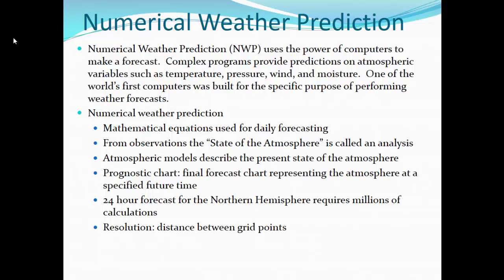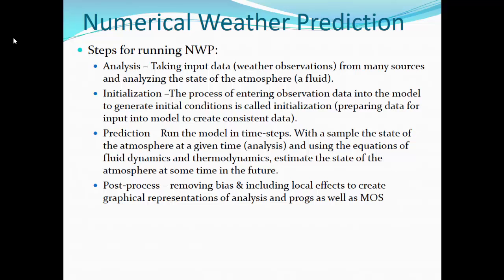And so the computing power of the data crunching system, and then also the number of data points that you can provide, the resolution of those data points, has a massive impact on just how good your weather prediction, your forecasts are. So that resolution is simply the distance between grid points, or the distance between observation points that are used.